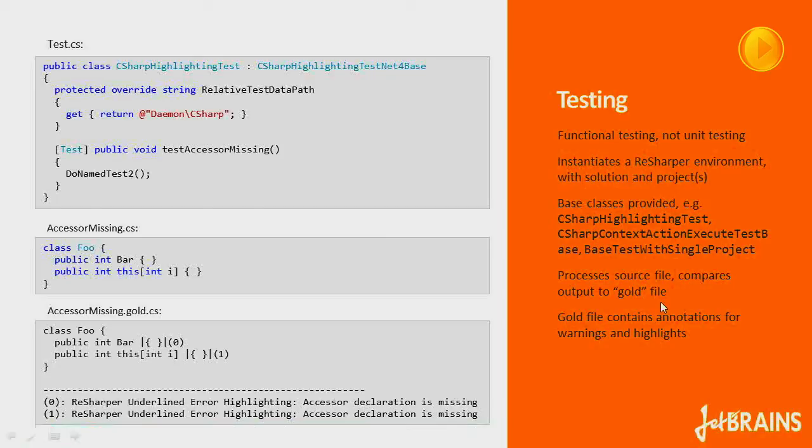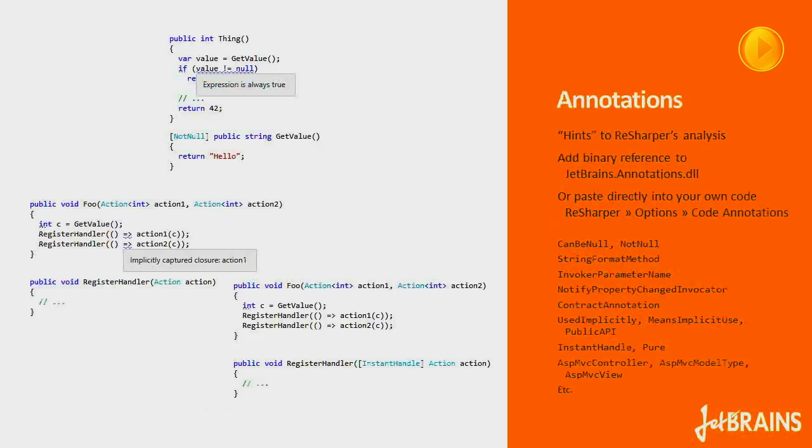Okay, right. So let's move on and have a look at another way to extend ReSharper, which is with annotations. You might have come across these in your own source code. They are hints to ReSharper's analysis. In your own code, you can just add them as attributes. So for example, in the top example here, we have a method getValue, which has been annotated with a not null annotation.